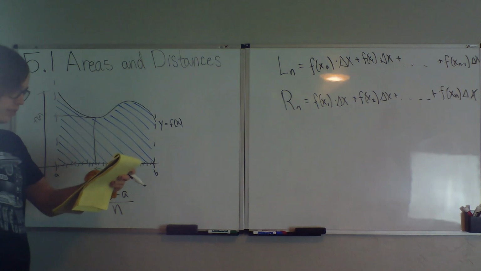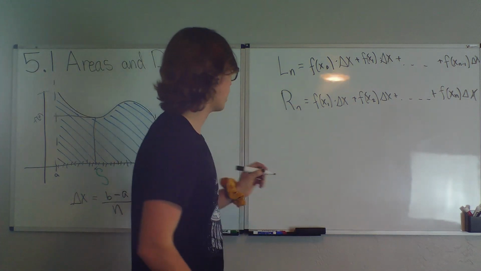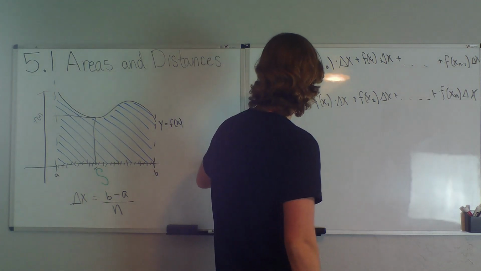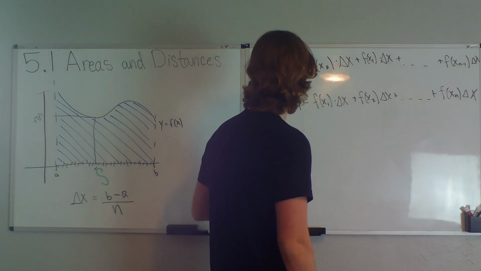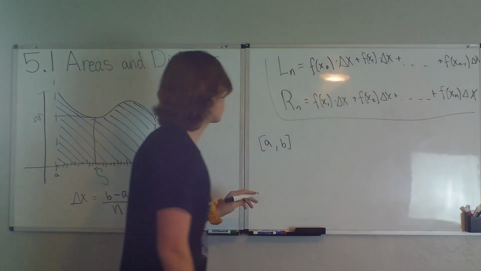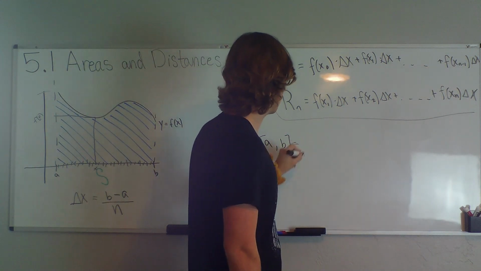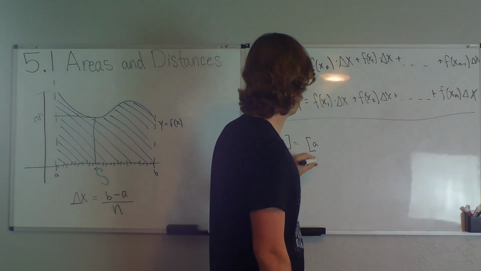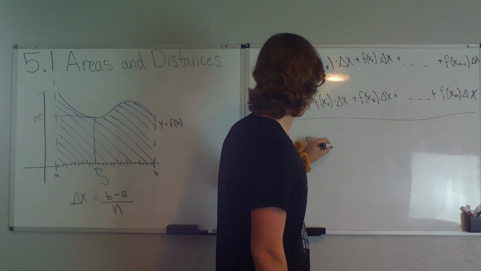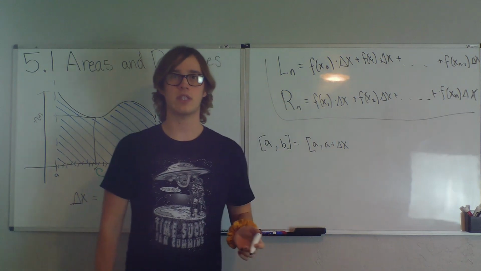Okay, that's awesome. And then what we do with that information is we split our interval a to b into a bunch of sub-intervals. Don't worry about this right now, I'm going to talk about it in a sec. So a to b is going to be equal to the interval from a to a plus delta x. And why do I say a plus delta x?